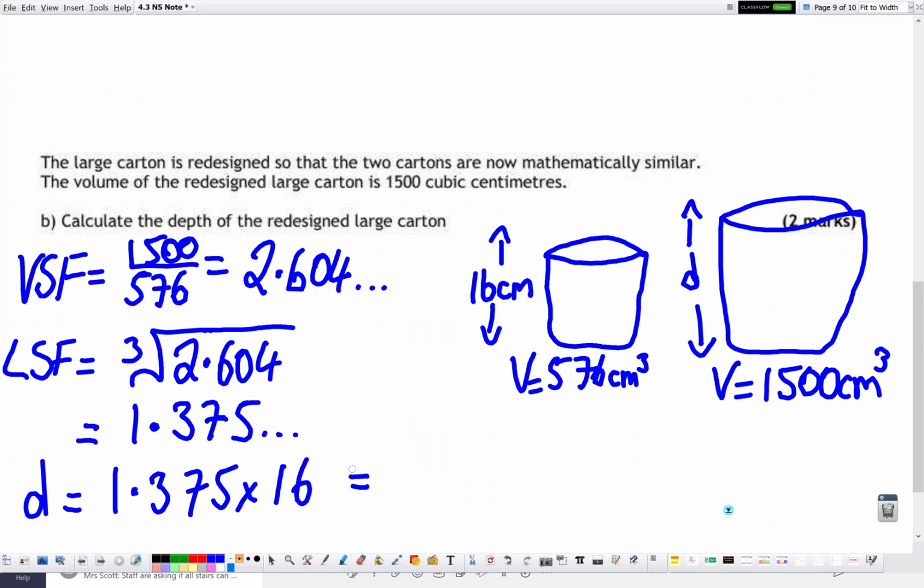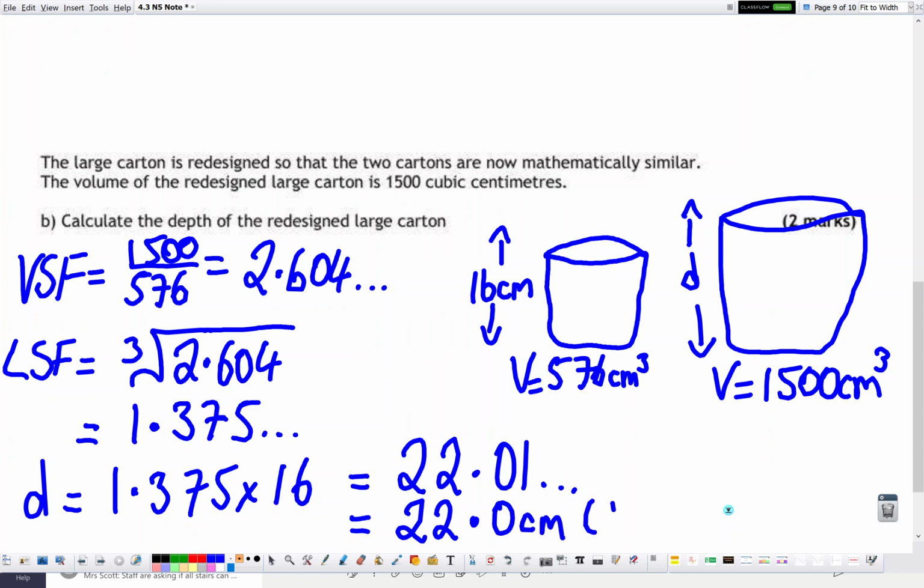If you've left the full number in your calculator, just hit times by 16 and you'll get the most accurate answer, which is 22.01. You can round to whatever you want there. I would leave it as 22.0 centimetres, that's to three significant figures.